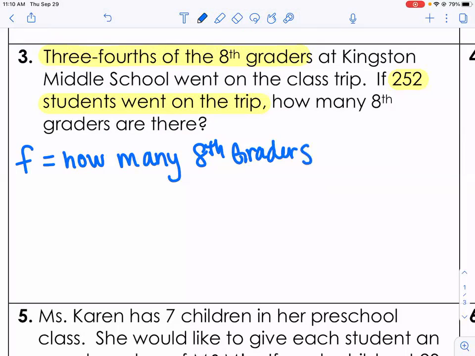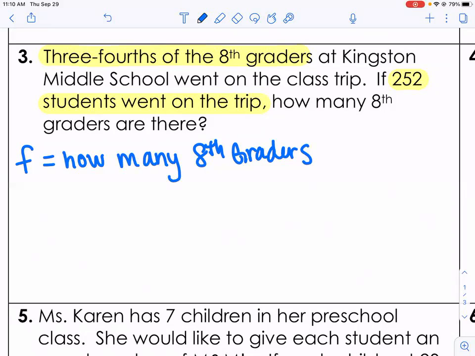Yes, you have to write it. Yes. Every single time. This is something that I am going to have you do for me on the quiz. You get points for identifying the variable, setting up the equation, and solving.